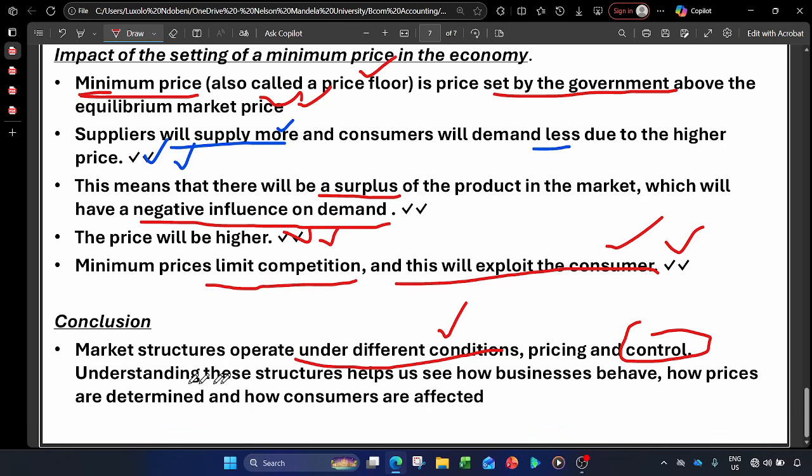So understanding these market structures will help us see how businesses behave, how prices are determined, and how consumers are affected. Yes, we can see the prices are determined by the industry in the perfect market, and on the imperfect markets the prices are determined by the businesses. And we can see how that affects consumers. Consumers can be exploited in imperfect markets, especially in monopolies, and consumers can be affected positively in perfect markets because there is competition.